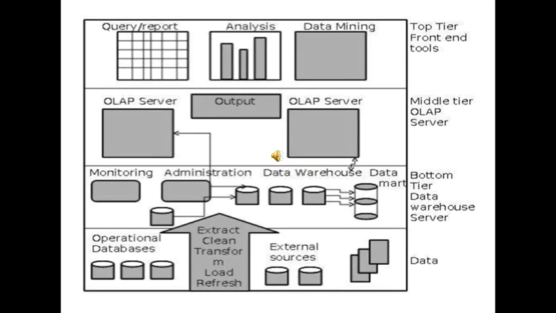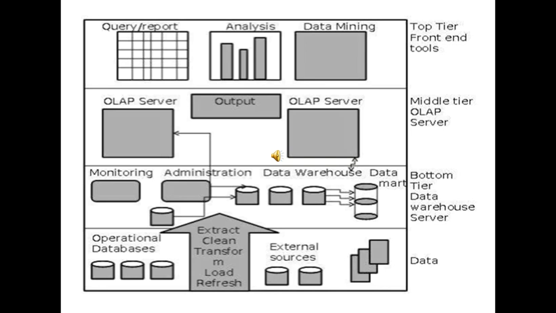From all these external sources, the data is put into the bottom layer of the data warehouse architecture. Inside the bottom layer, we have monitoring, administration of the data, and the data mart. We see what exactly the data is being stored, how it could be stored in a proper way so that it can be extracted easily, and where exactly the data is to be stored, and in what way. All this is considered inside the bottom layer.